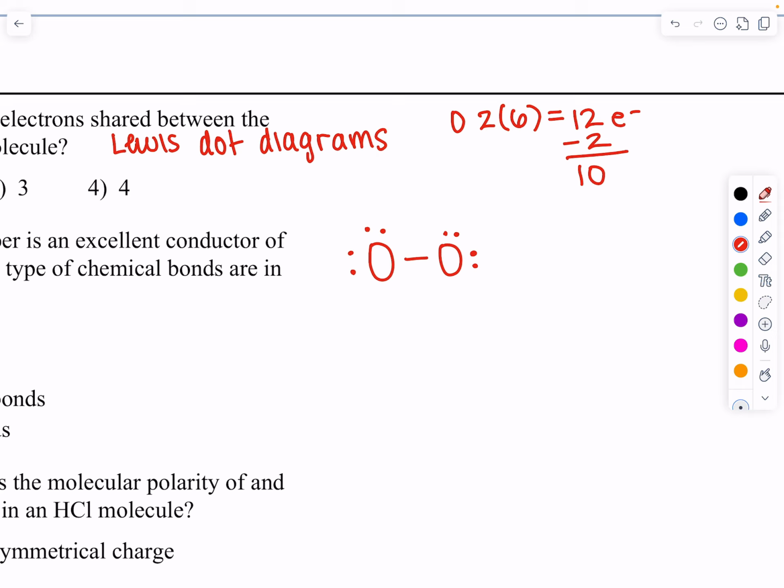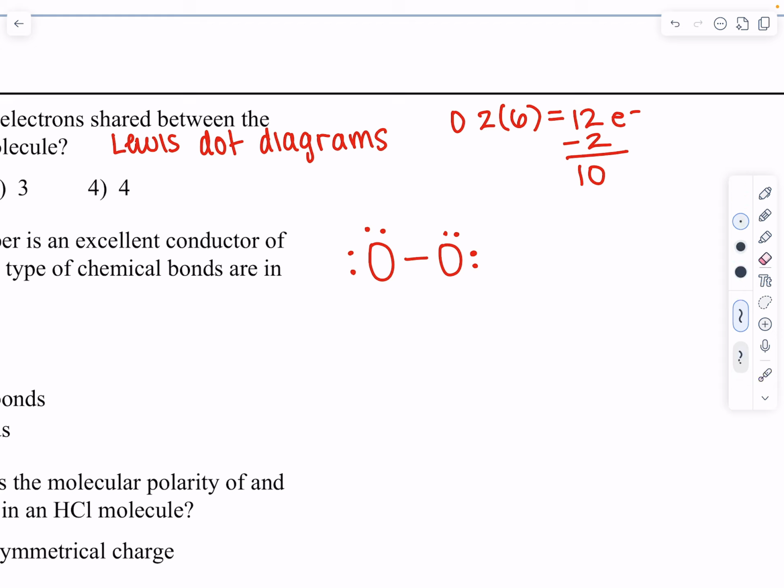Let's count. I'm going to use my little laser pointer if this works. Okay, so 1, 2, 3, 4, 5, 6 for that oxygen. And this oxygen on the right side, 1, 2, 3, 4, 5, 6. So no, they do not have 8 yet.